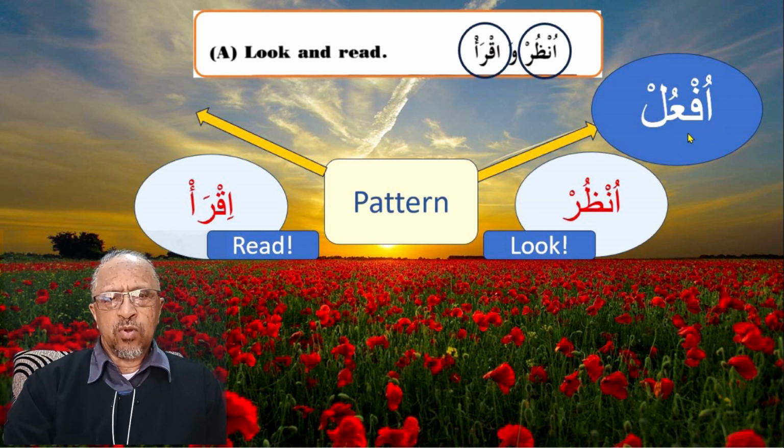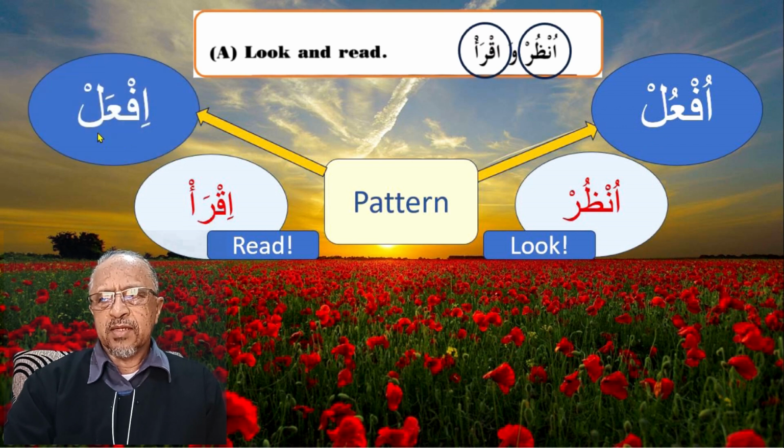So that's uf'ol. In the case of Iqra, the pattern would be if'al. That is the pattern, and the fa, the ain, and the lam will be replaced by other letters. I hope you understand.